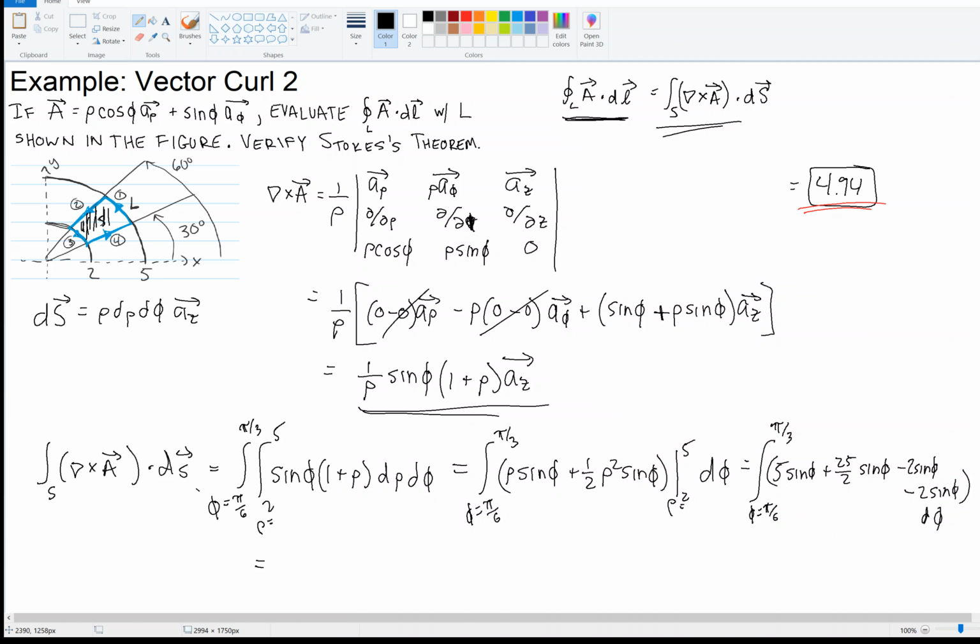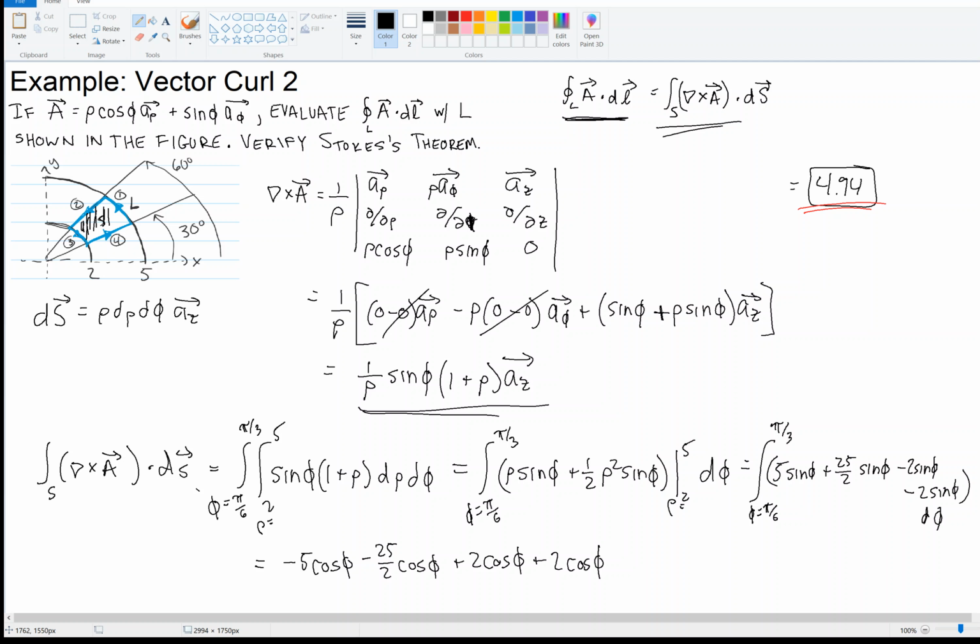All right, so now we need to integrate that with respect to phi. So 5 sine phi becomes minus 5 cosine phi. Okay, 25 halves becomes minus 25 halves cosine phi. You know, we could combine these things, by the way. Minus 2 sine phi becomes plus 2 cosine phi. And again, minus 2 sine phi becomes plus 2 cosine phi.